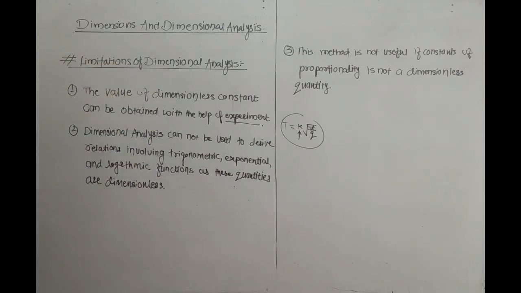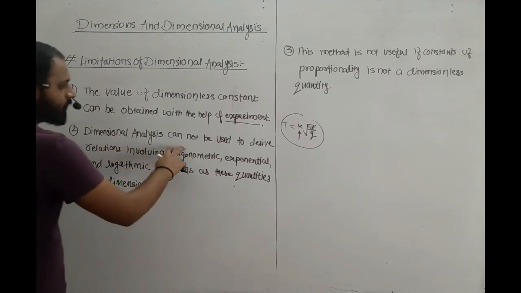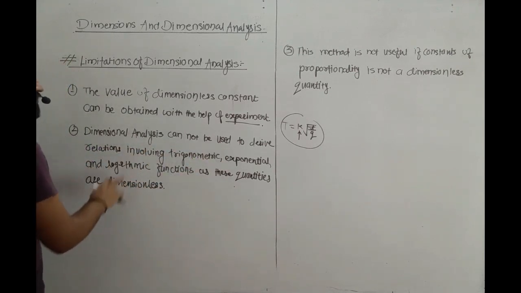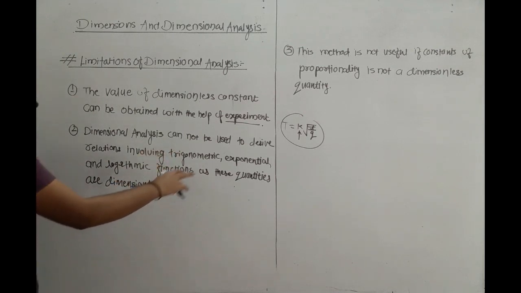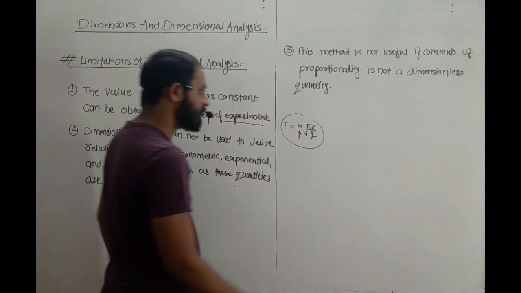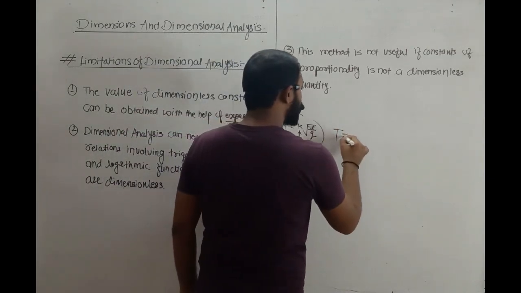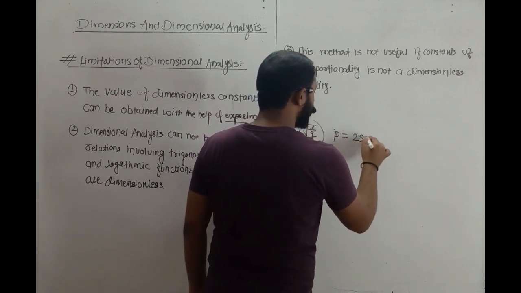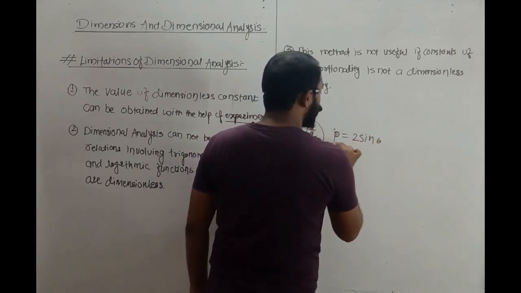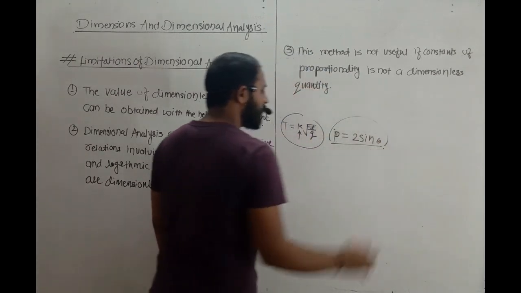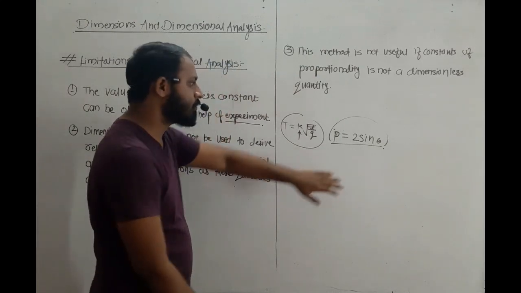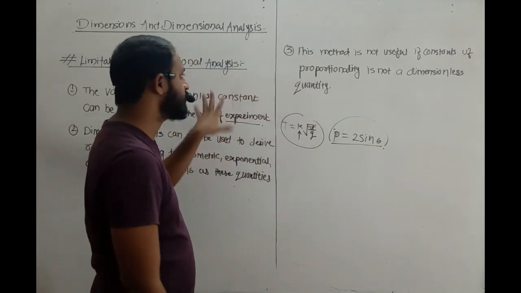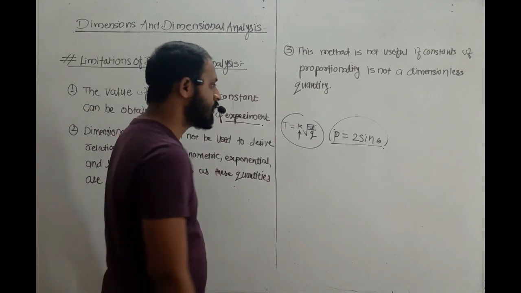Now see the second limitation. Dimensional analysis cannot be used to derive relations involving trigonometric, exponential, logarithmic functions. That is, for example, P equals 2 times sin theta. Whichever formula this is, we cannot derive it using dimensional analysis.